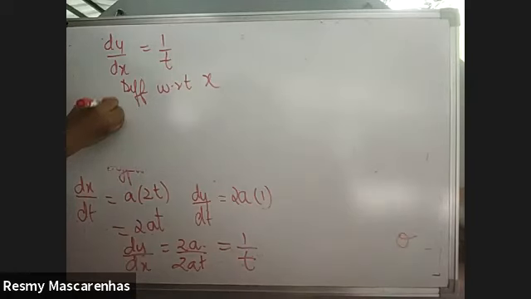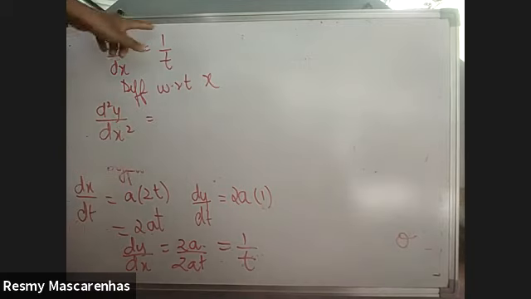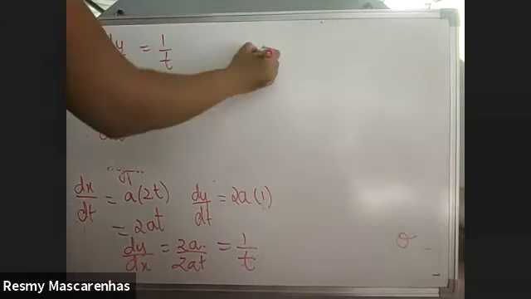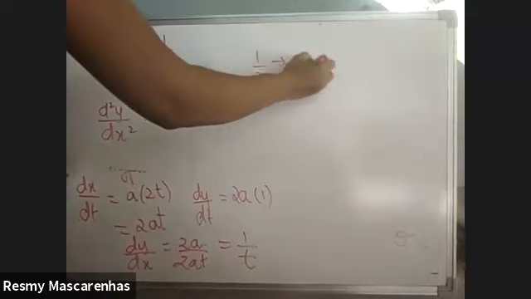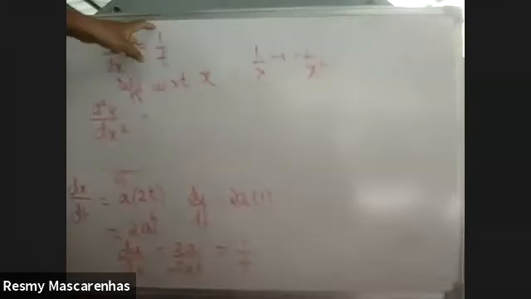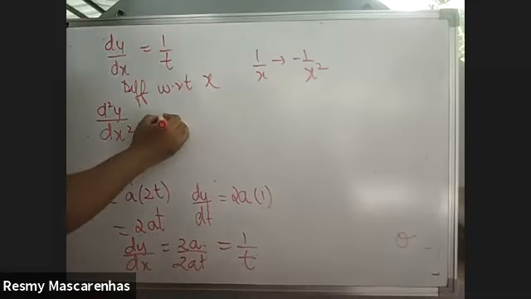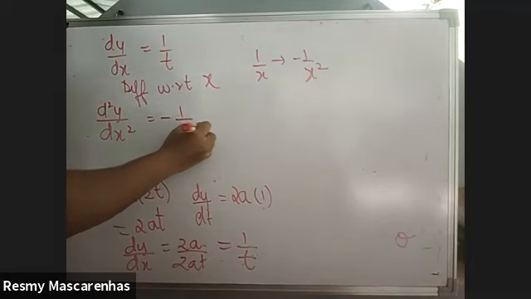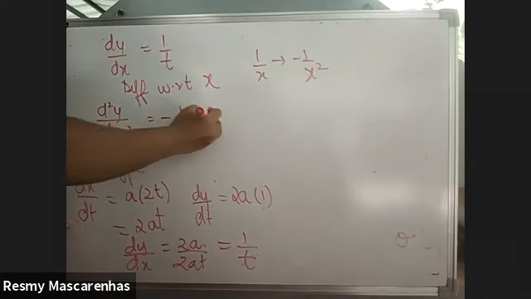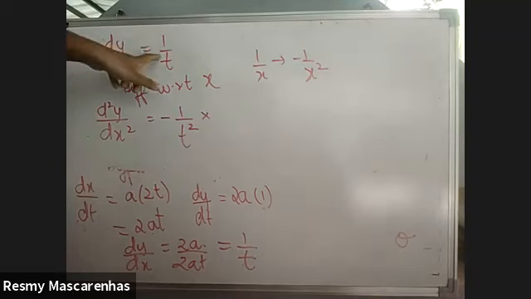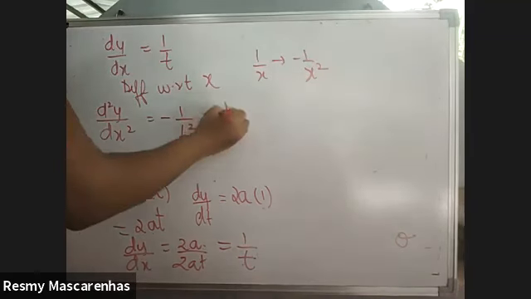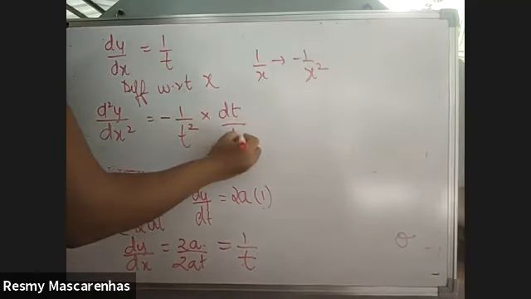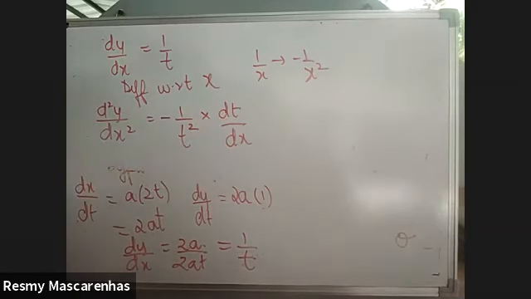So d square y upon dx square is equal to derivative of 1 by x, which is minus 1 by x square. Same way, derivative of 1 upon t will become minus 1 upon t square into dt upon dx.